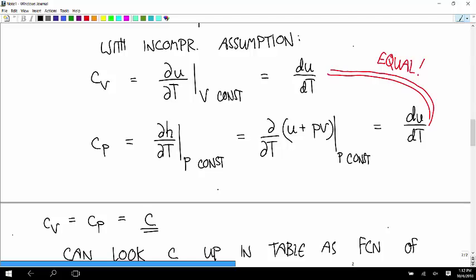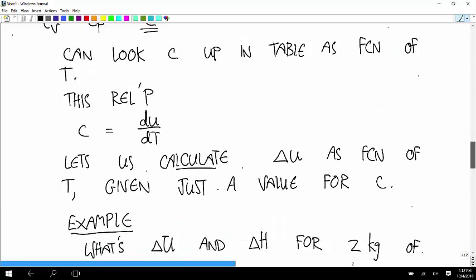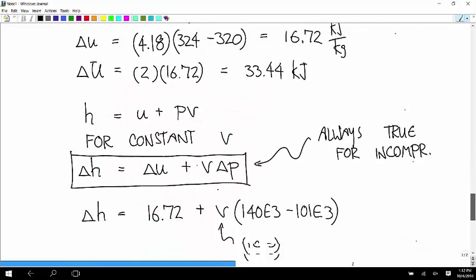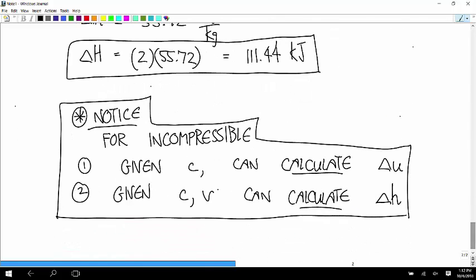With vapors, we're not going to be able to reduce it. We're going to have those two separate specific heats, and we're going to have to deal with them each independently. Any other questions? Okay, so this is useful, and this is the thing I want you to remember. This is quizzy.